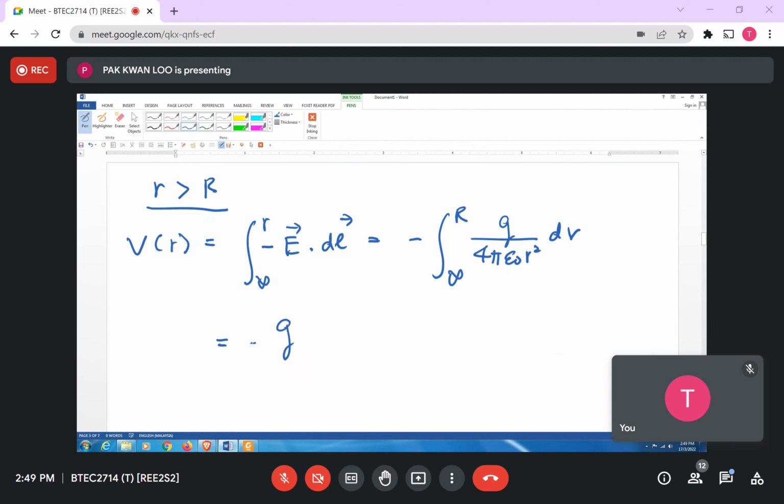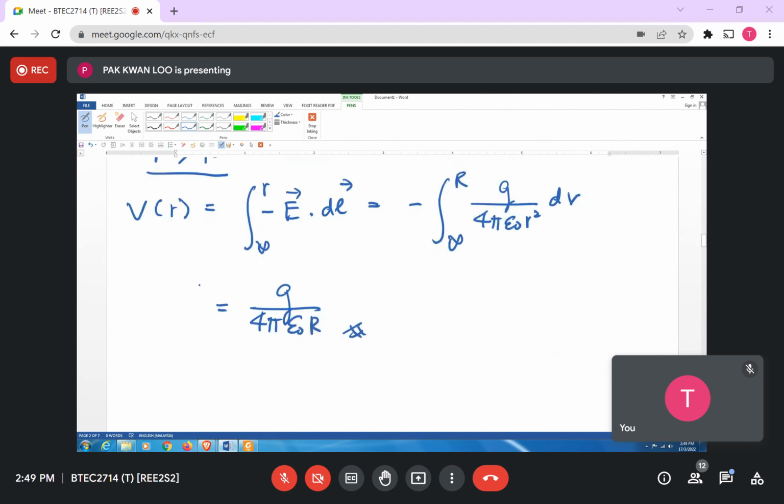So this is q over 4 pi epsilon naught r. That's the potential outside the sphere. So that's the answer.